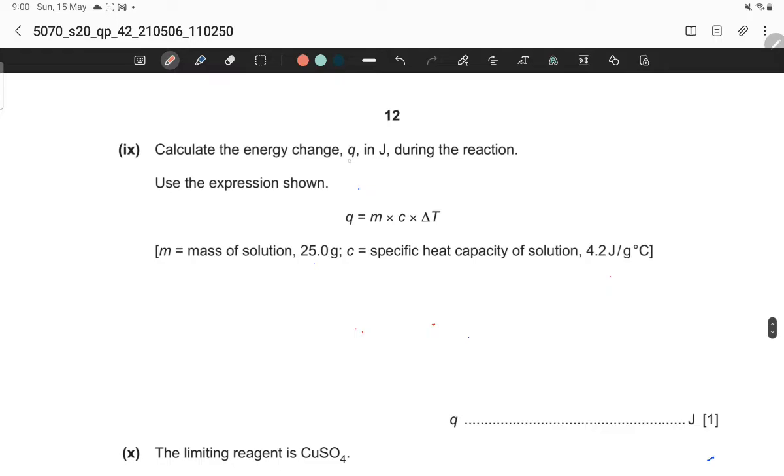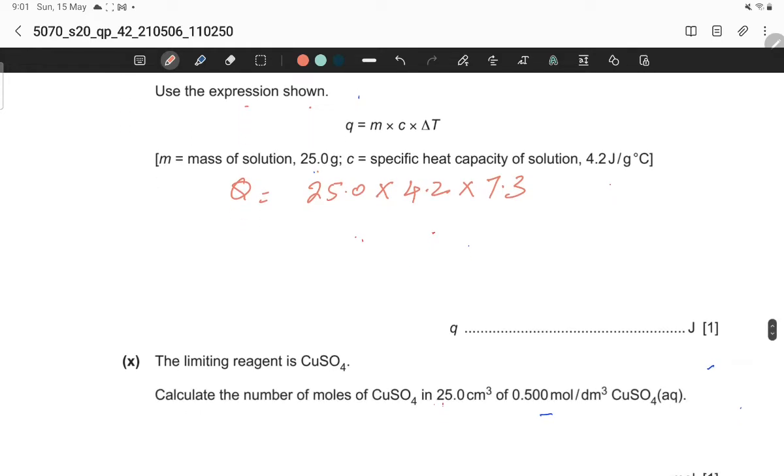Calculate the energy change Q in joules during this reaction. Use the expression shown: Q is equal to mc delta T, where m is equal to 25 grams, and specific heat capacity is 4.2 joules. So Q is equal to 25.0 times 4.2 times delta T, which is 7.3.